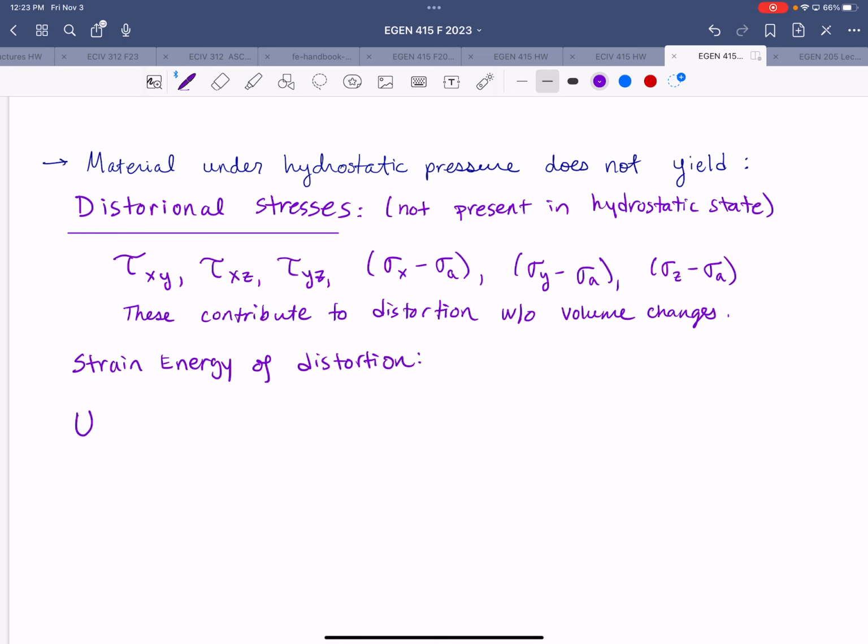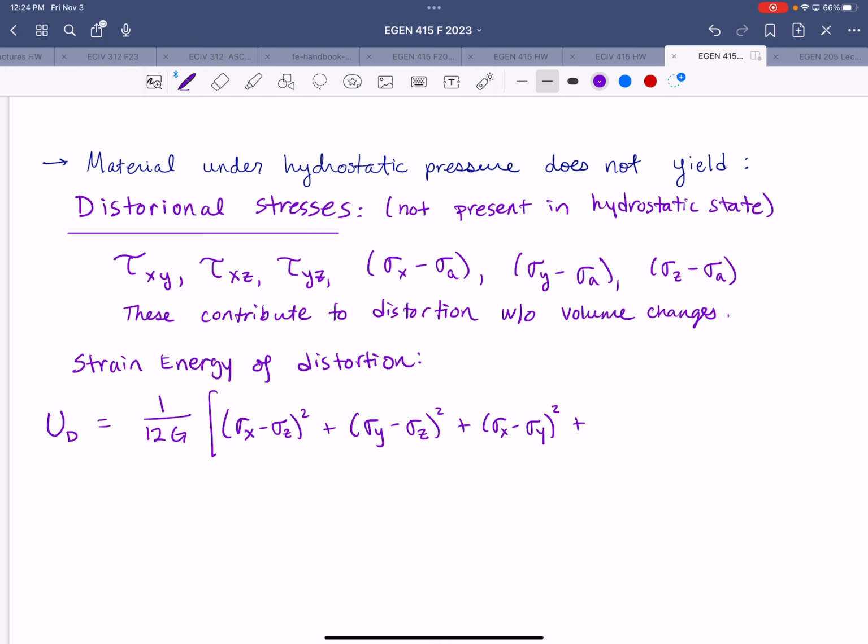We'll call that capital U with a capital D subscript. And that's equal to 1 over 12G times, in brackets, this is going to be really long, so I'm going to make sure that I have enough space to the right. We have our first term is sigma x minus sigma z quantity squared plus sigma y minus sigma z quantity squared plus sigma x minus sigma y quantity squared.